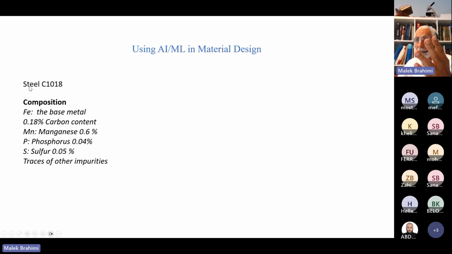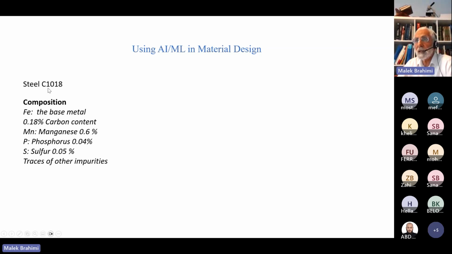You don't find steel in the periodic table. But Fe بالعربية نقولوا حديد, وهذا فولاذ. فالحديد هذا iron is the base metal. Usually هنا يكون تقريبا 98% 99% في هذه الحدود.